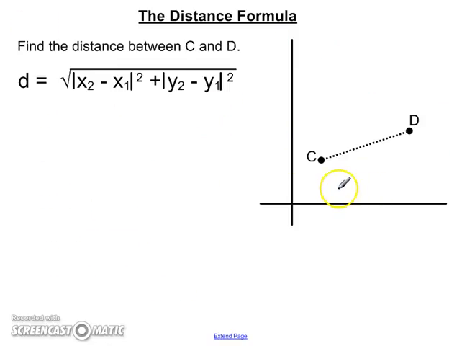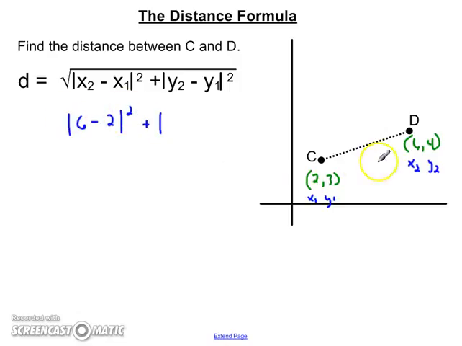Alright, so let's do it again. Let us say I'm going to call this 2, 3. Again, I'm making it up. I'm going to call this 6, 4. All right, and I'm going to change colors here. I'll go to blue. I'm going to let this be my x1, my first x, my first y, my second x, my second y. And so using the formula, my x2 is a 6, my first x is a 2, put those in, and those will be squared.